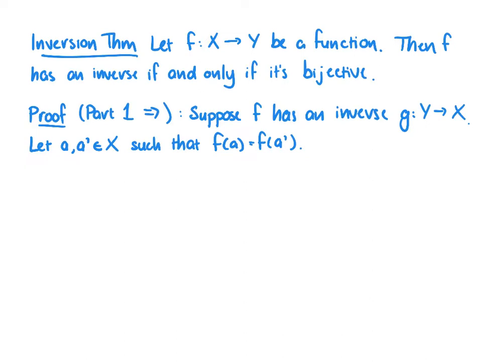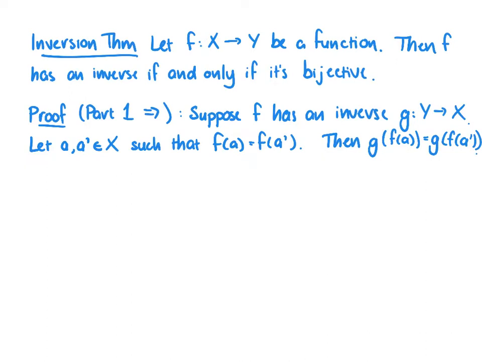So what I want to do now is take these values, f of a and f of a prime, and plug them into g, because we know something about the composition of g and f. We're going to use that to our advantage. So we know g of f of a has to be equal to g of f of a prime. f of a and f of a prime are the same value, so when we plug that into g, it should produce the same result.